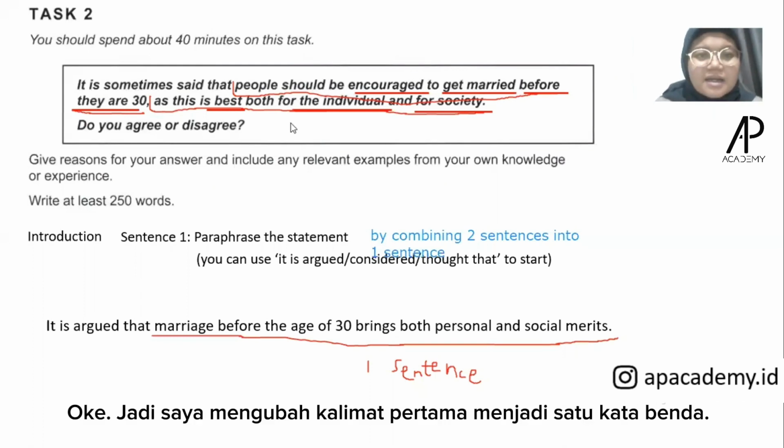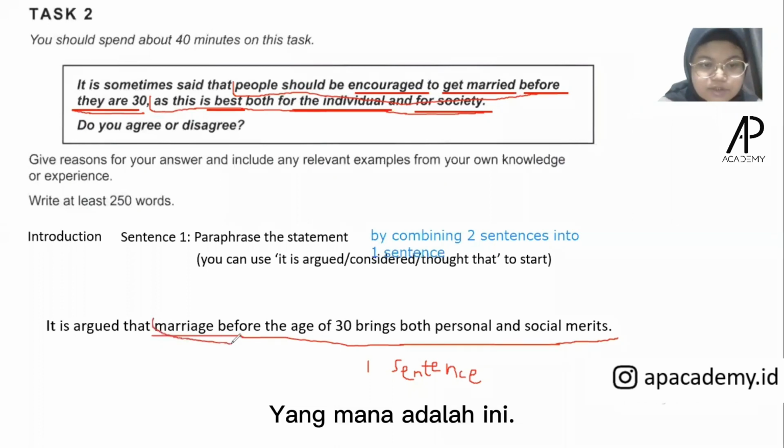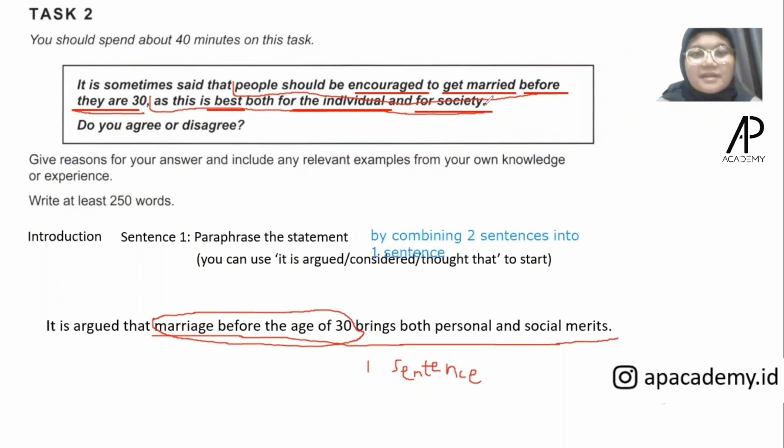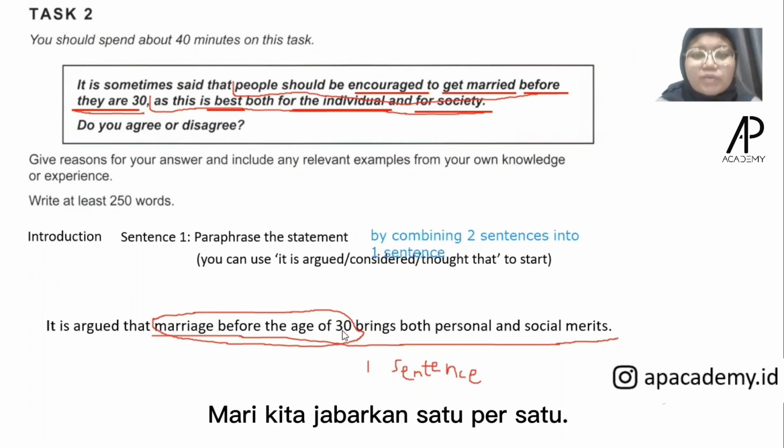Okay, so I change the first sentence into one noun phrase, which is this one. The first sentence is, people should be encouraged to get married before they are 30. I change it into marriage before the age of 30. Let's chunk it one by one.